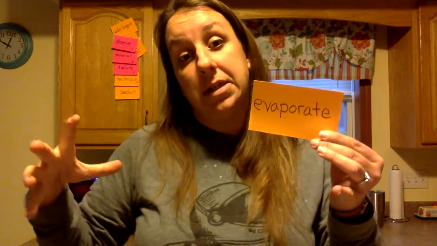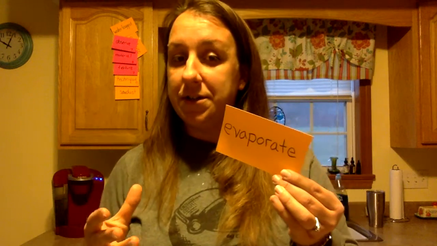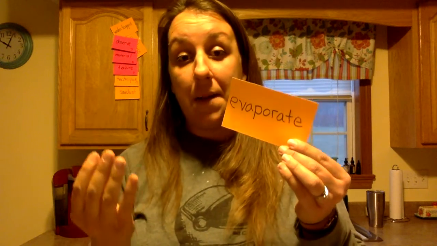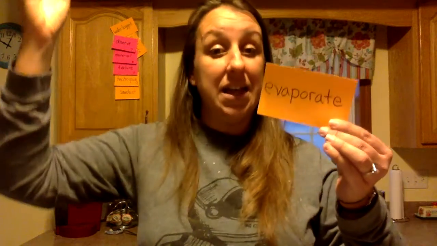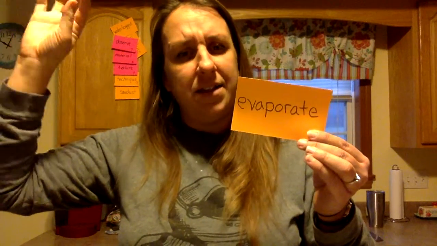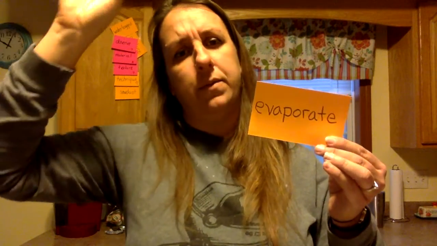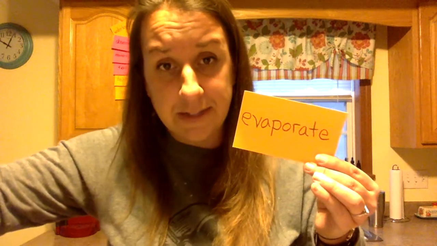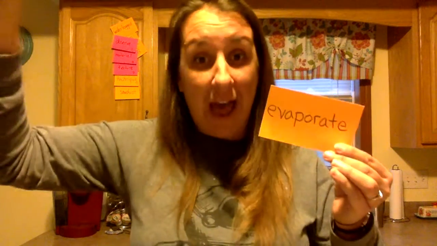So that puddle slowly evaporates, that water turns into gas and goes up, because there's no walls outside, and it goes up into the sky until it can't go any higher, and then this big white fluffy thing forms in the sky. Do you know what that is? Yeah, it's a cloud. That cloud was once the puddle in your driveway.